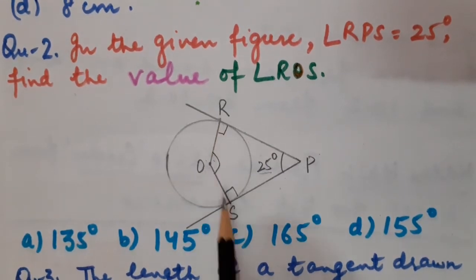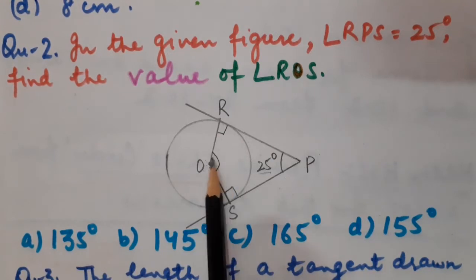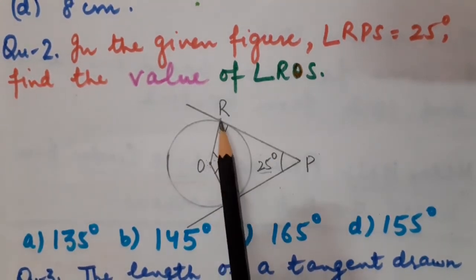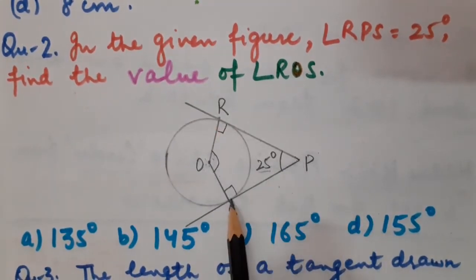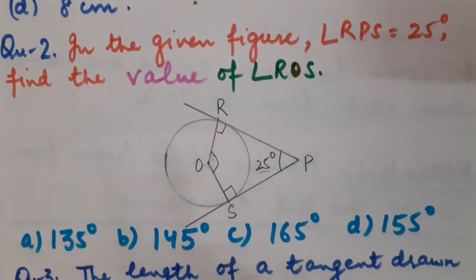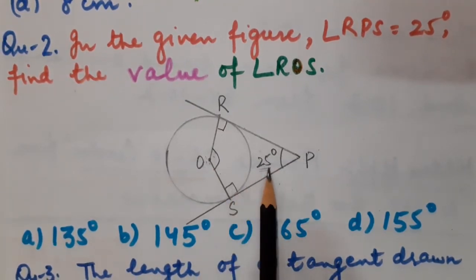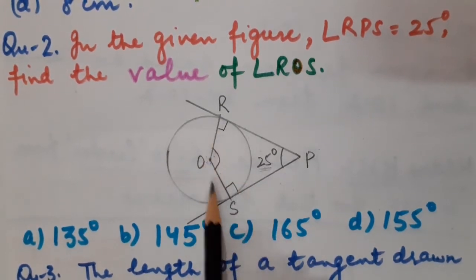Here OR and OS are the line segments and they subtend some angle at the center point. So you can say that ROS plus RPS must be equal to 180 degree according to the statement of that question. So you could just subtract 25 degree from 180 degree to find the value of ROS.